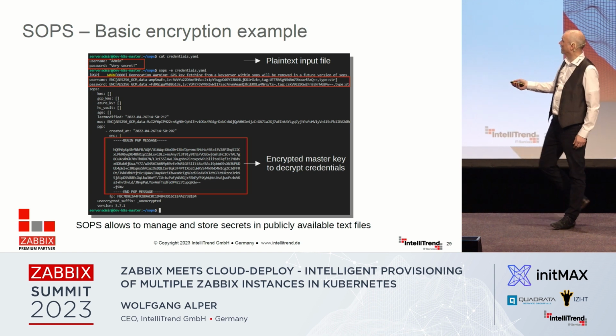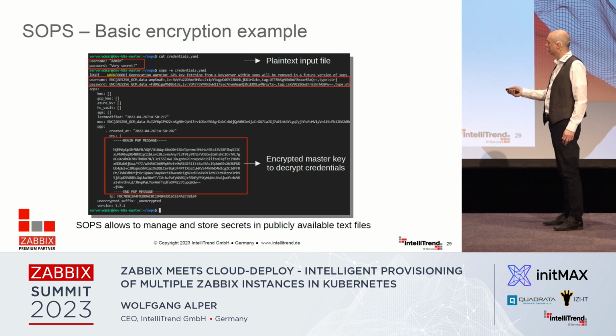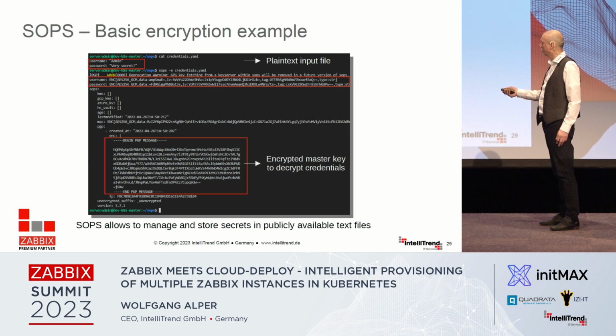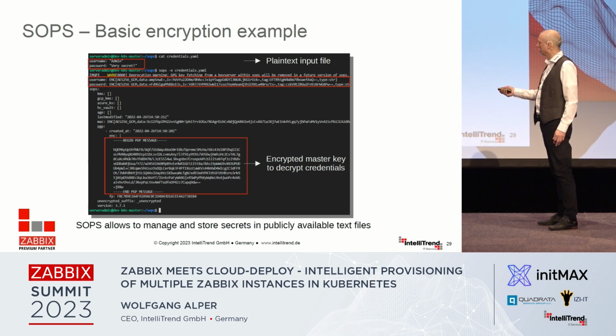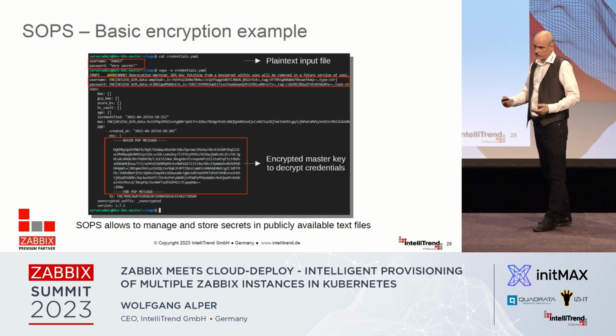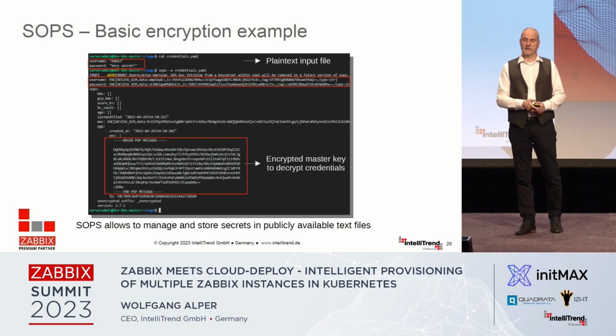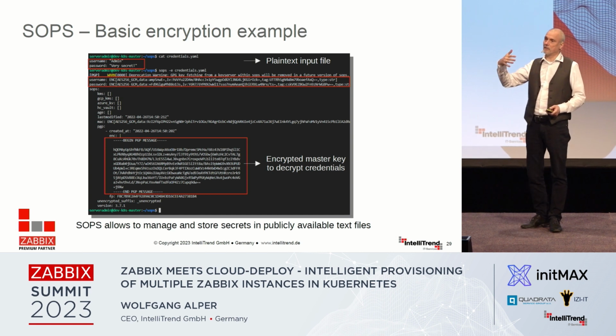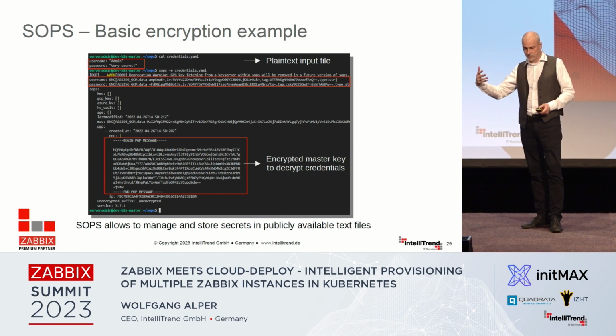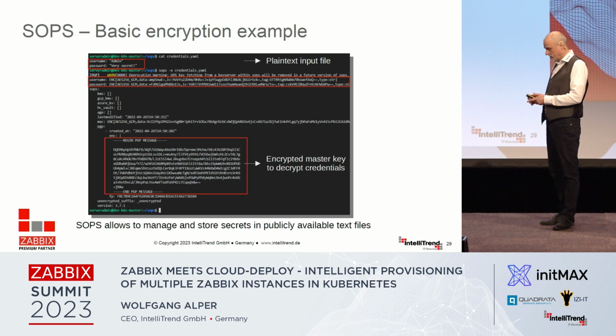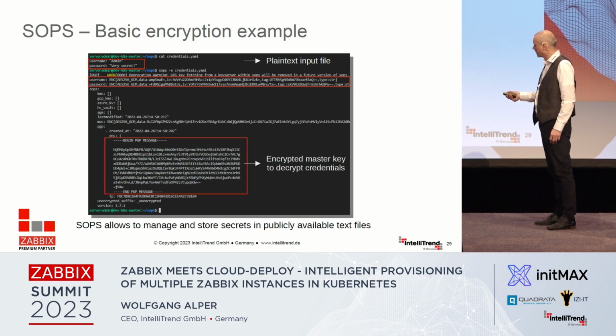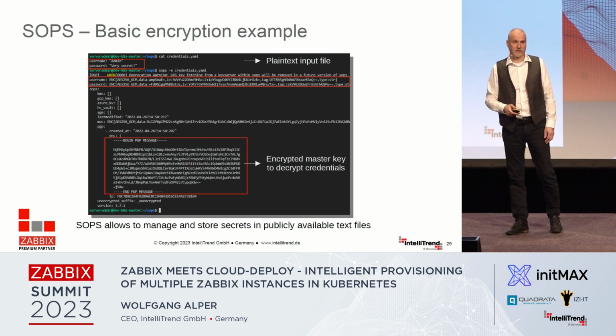We see a type of encryption, and one encrypted master key block for one recipient. This master key block is encrypted with a public key provided earlier for this particular user. If that user decrypts this block, they get access to the key that is used to actually decrypt the values over there. That is what's happening here.